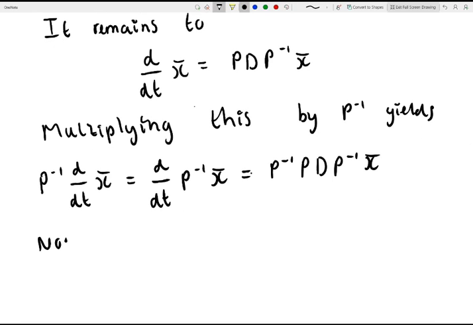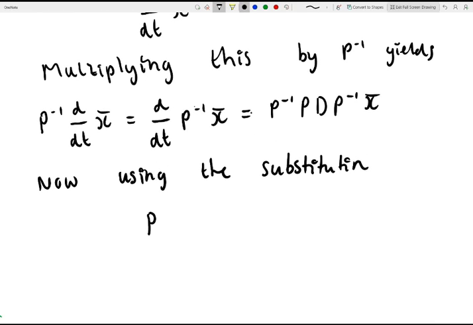Now, using the substitution, which is very important, P inverse times x bar is now equal to y bar, and let's call y bar y1, y2.